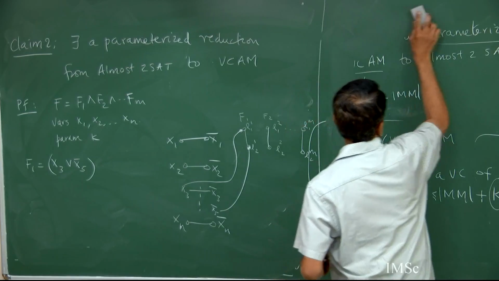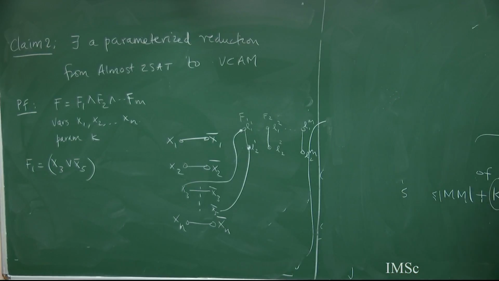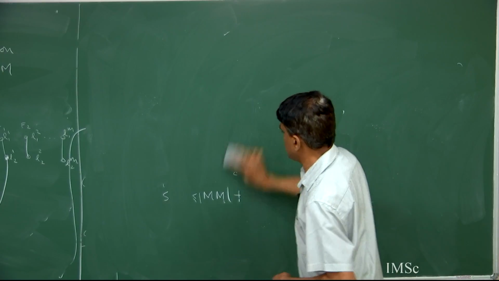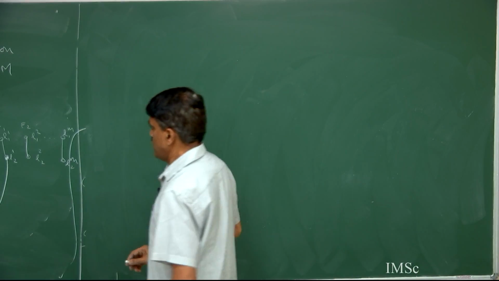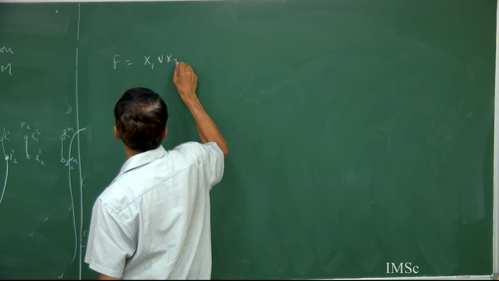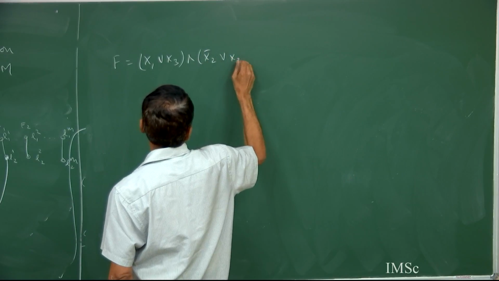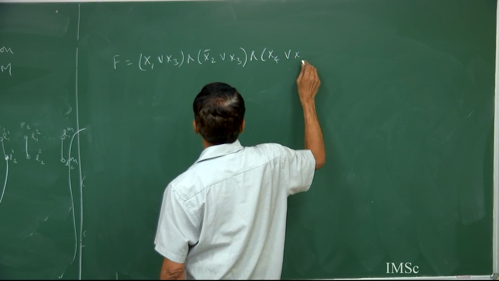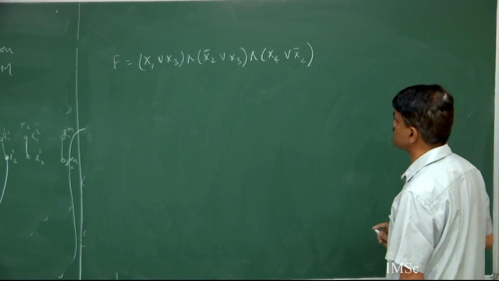Actually, for the converse I need a little bit more, but let me start with this. Let us say my formula is (x1 or x3) and (x2 bar or x4). So this is my formula.